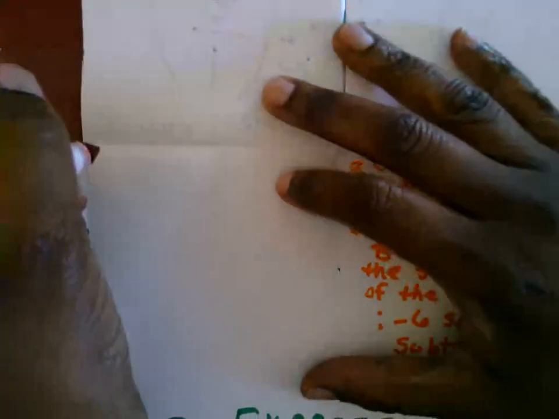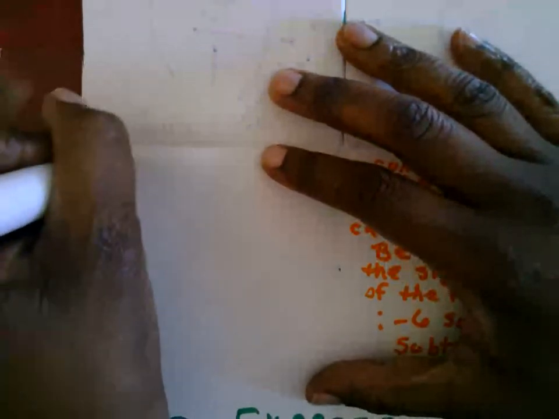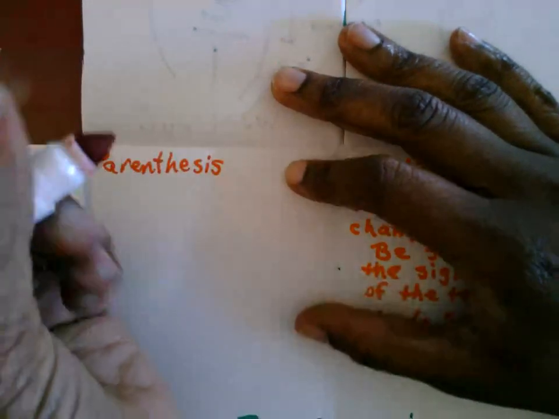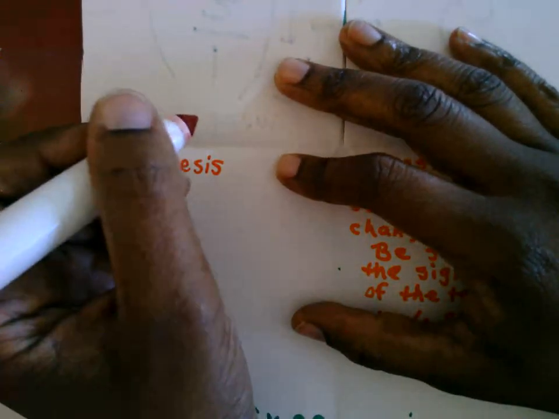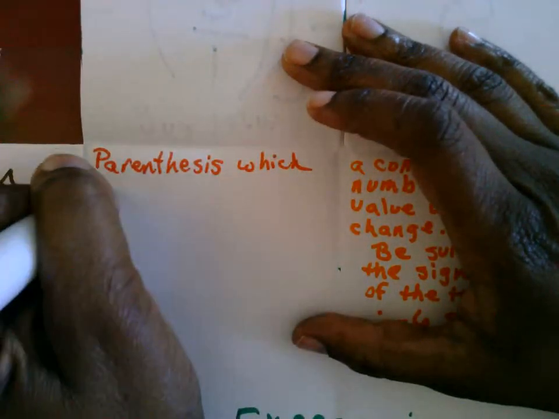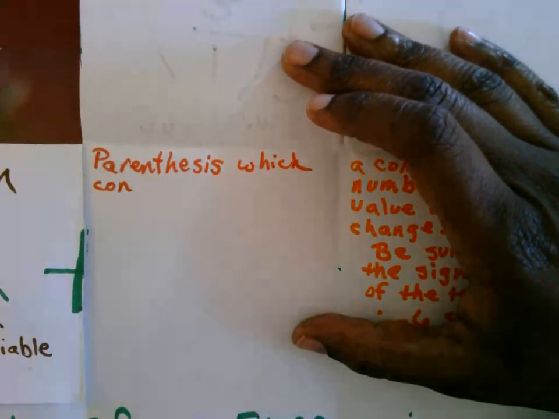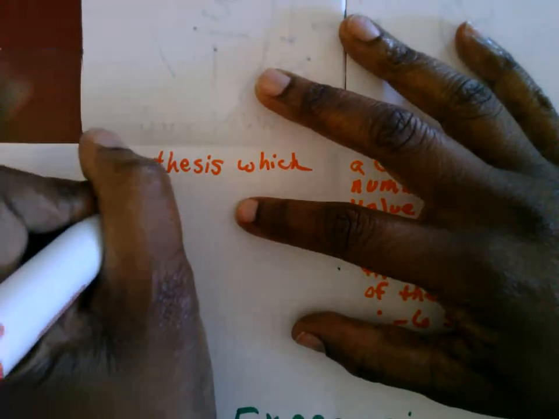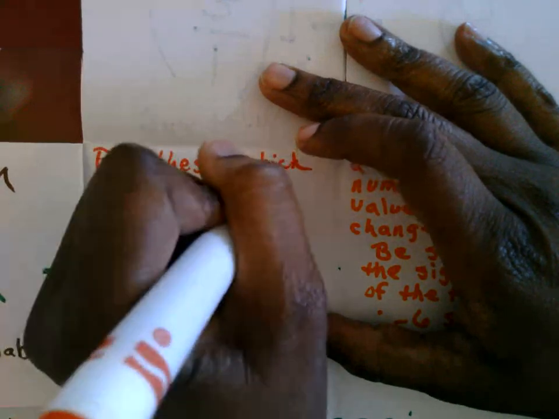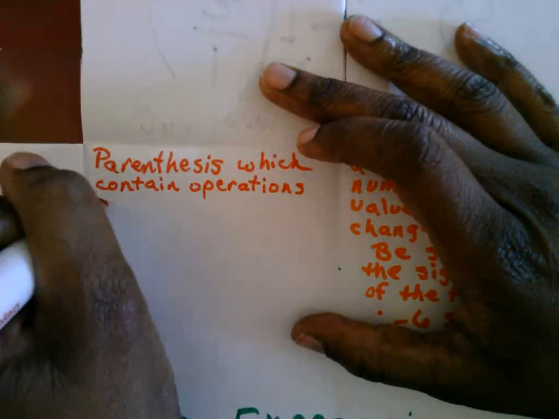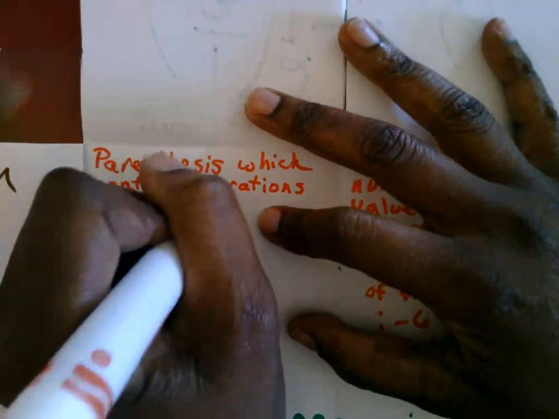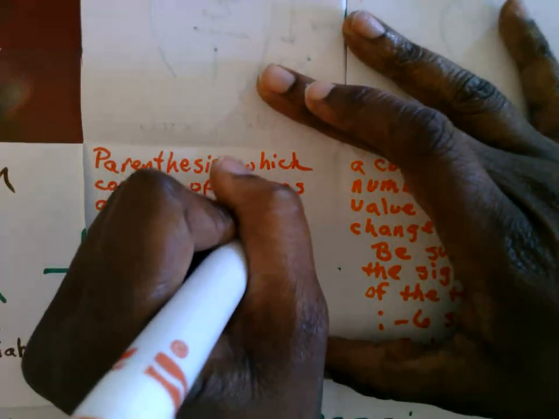Typically, with the order of operations, parentheses will come first. So we're going to note that parentheses which contain operations are first in expressions.